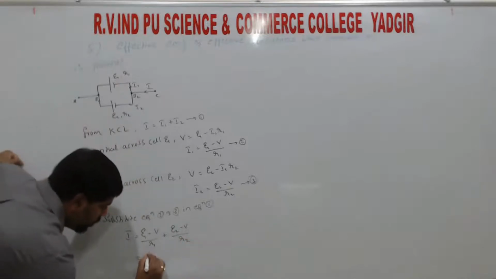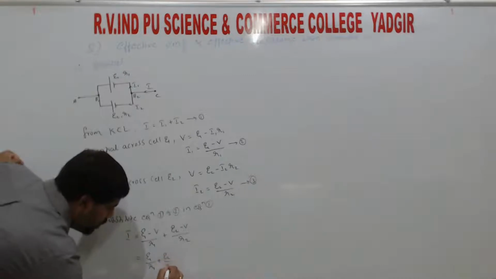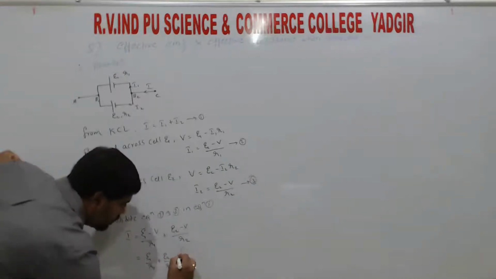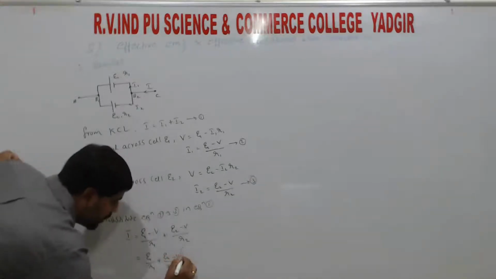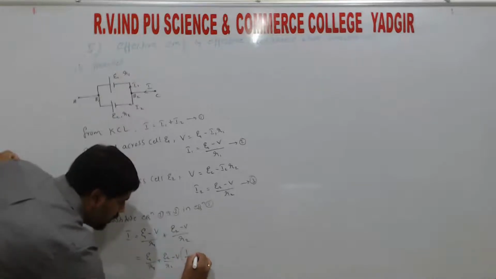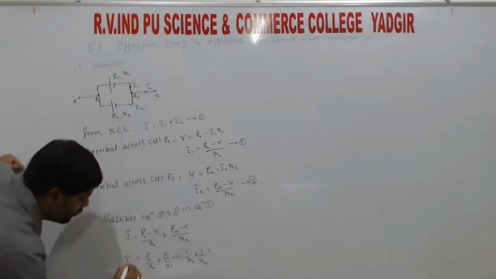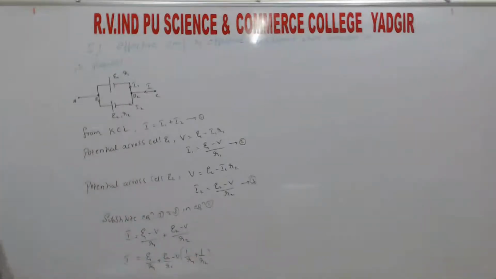Separating, we get E1 by R1 plus E2 by R2, and taking minus V common from both terms, 1 by R1 plus 1 by R2, right?